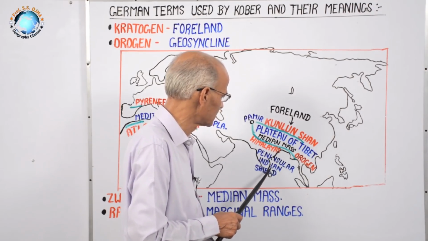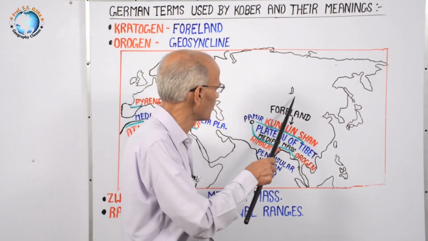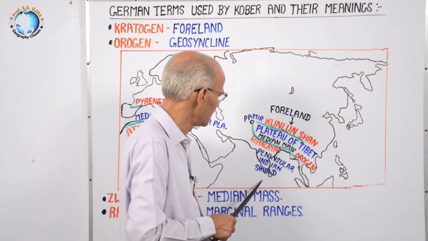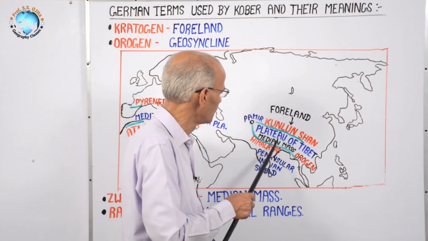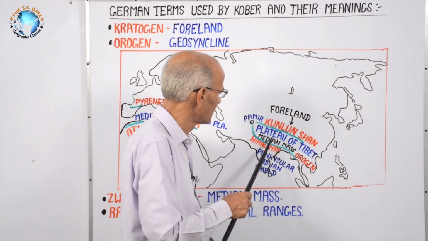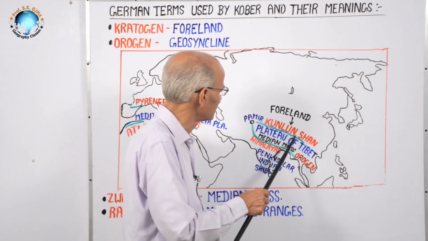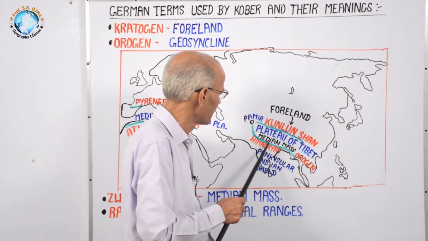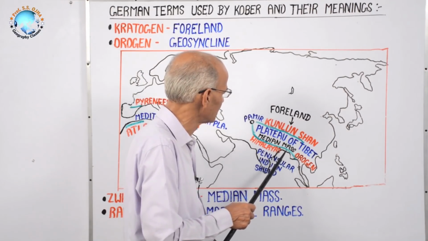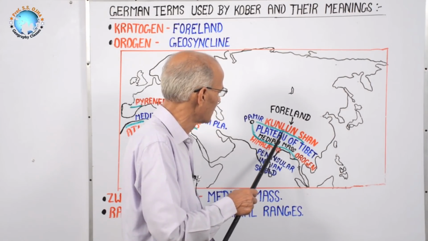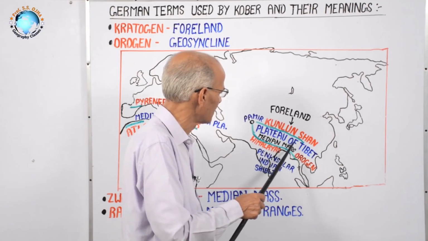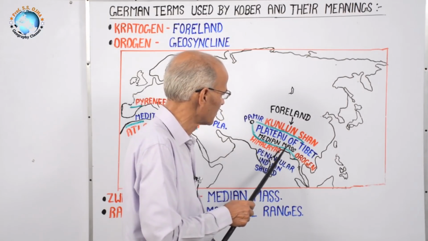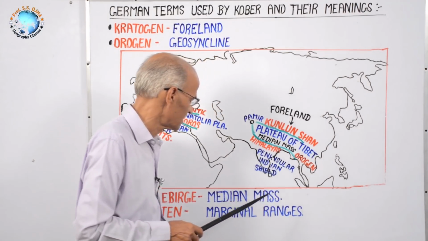KOBER's hypothesis tells that both the forelands, from the north Siberian and from the south the Indian peninsula, moved towards this part, and out of this geosyncline the Kunlun Shan mountain, and out of this geosyncline the Himalayan mountain emerged. In between the two, the ancient part of the crust, called median mass or Schwarzenberg, that is the Tibet plateau, is there.